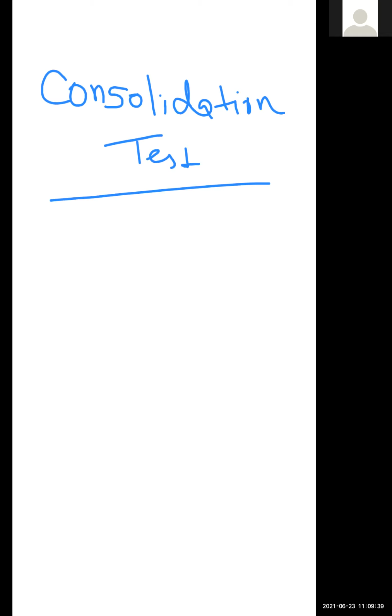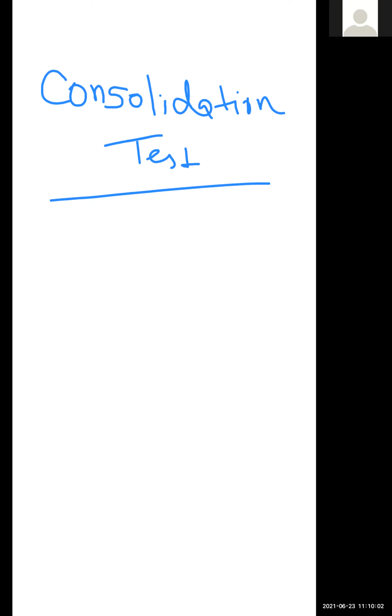In consolidation test we have to determine the settlement due to primary consolidation of soil by conducting one-dimensional test. So this is our objective.